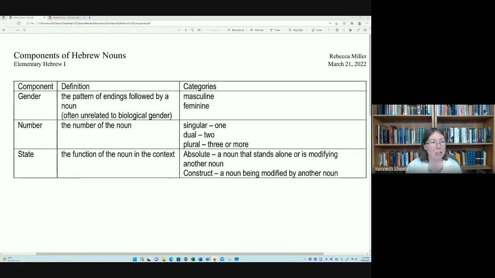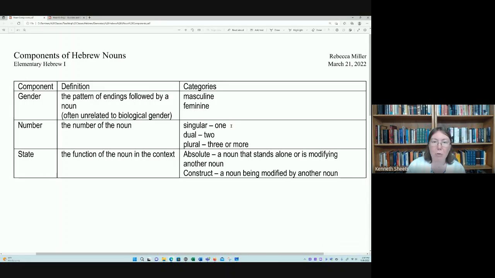When we met last week, we were talking about Hebrew nouns, and we saw that Hebrew nouns consist of basically three components when we're looking at the parsing of them. The gender, which refers to the pattern of endings that the particular noun follows.